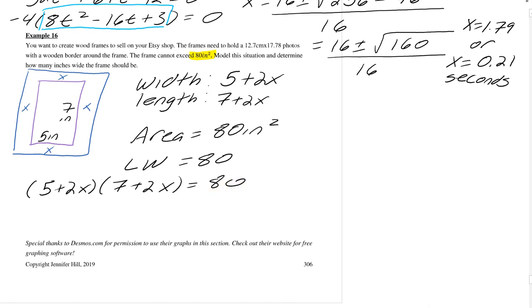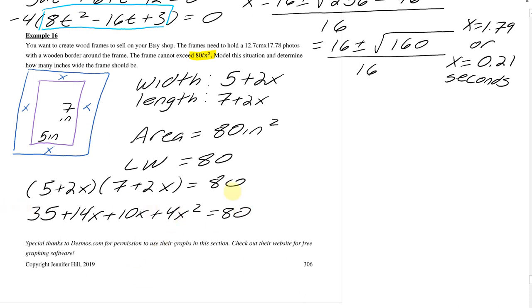Now I have to multiply this out. If I start multiplying this out, I get 35 plus 14x plus 10x plus 4x squared, and all of this is still supposed to equal 80.